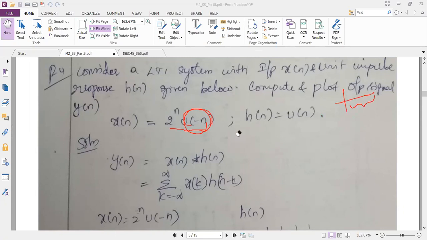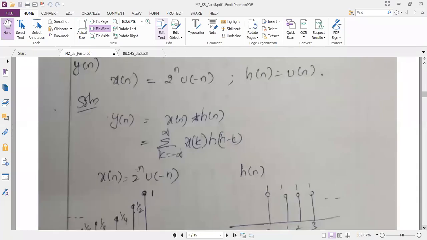In the earlier questions, we did not see this type of combination. Both x of n and h of n were at the positive x-axis. So here we have a combination of both, and we should see how to solve it.